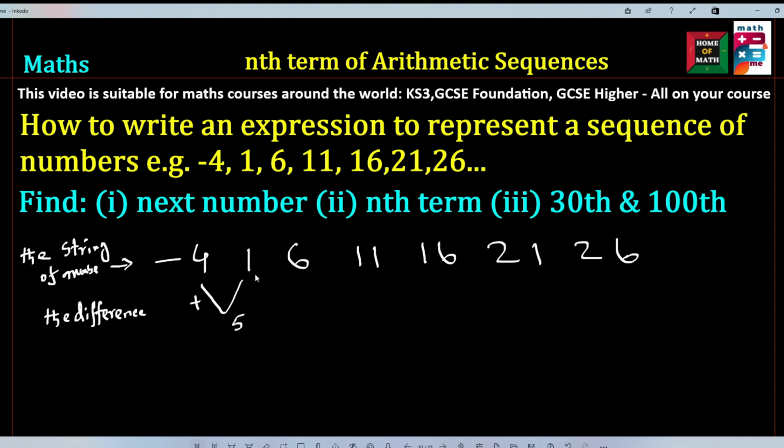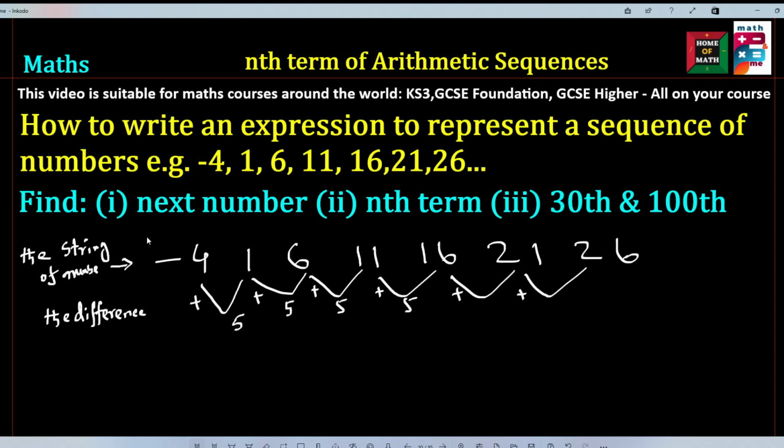Okay, this is very clear. If we add 5 again to 1, we will get 6. Similarly, adding 5 gives 11, then 16. If we add 5 to 16, we get 21. If we add +5 to 21, we get 26.